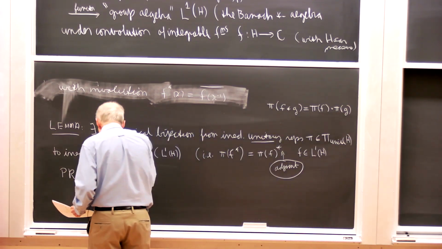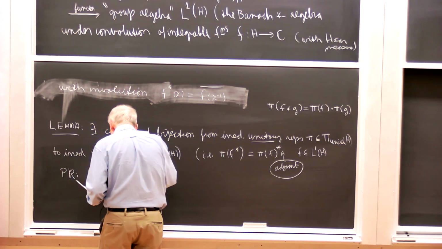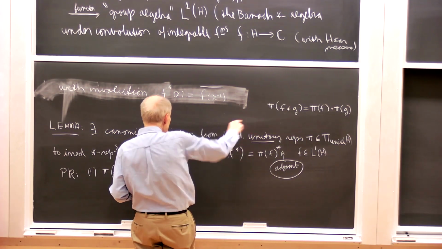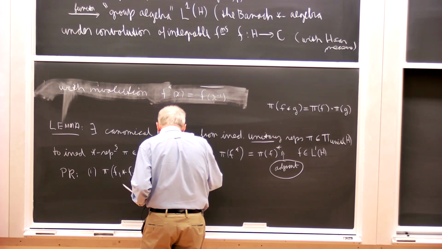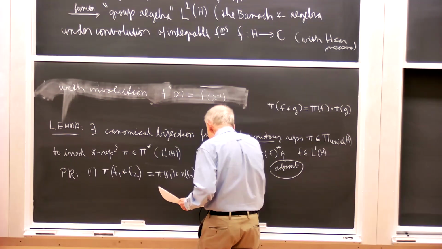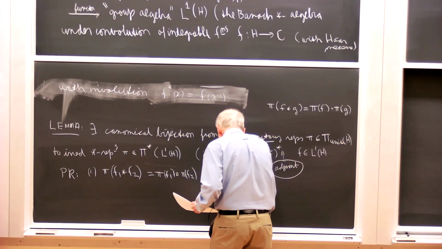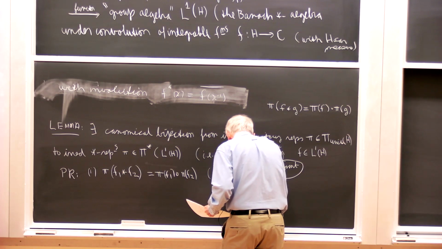But pi of f1 star f2 is equal to, you have this property here, pi of f1 composed with pi of f2. And this is simply a change of variables in the integral.